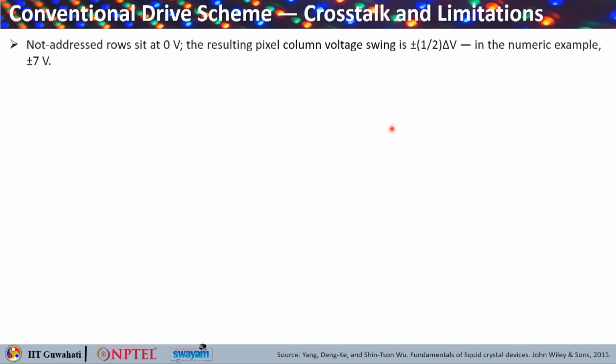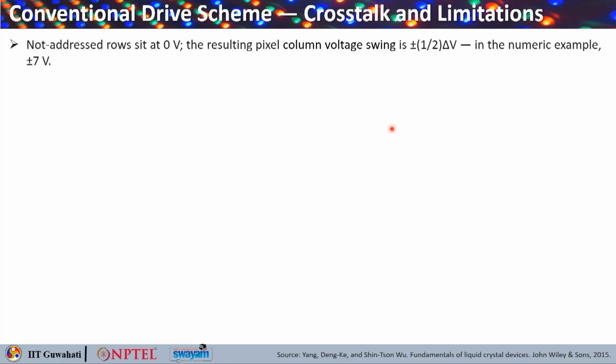What you see here is that in this particular drive scheme, non-addressed rows sit at 0 volt, and the resulting pixel column voltage swing is plus minus half delta V. If you take a numeric example, as discussed in lecture 32's SSFLC analysis or lecture 33's BTN analysis, the non-addressed rows will see a column voltage swing of plus minus half delta V, which turns out to be plus minus 7 volt.